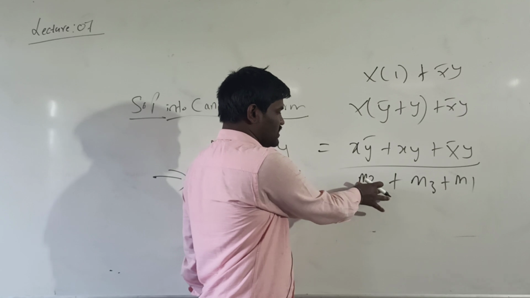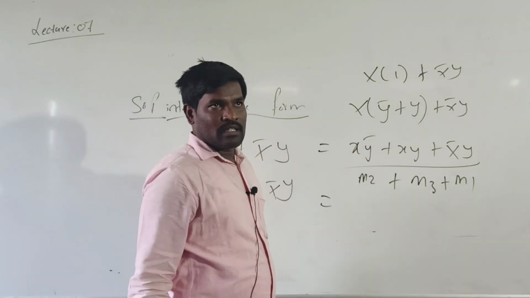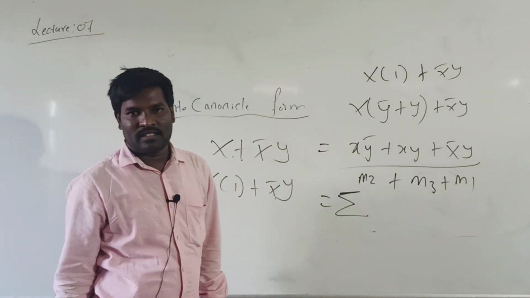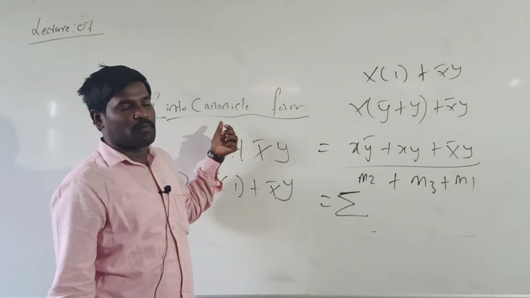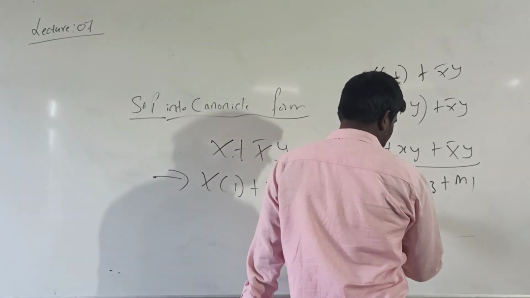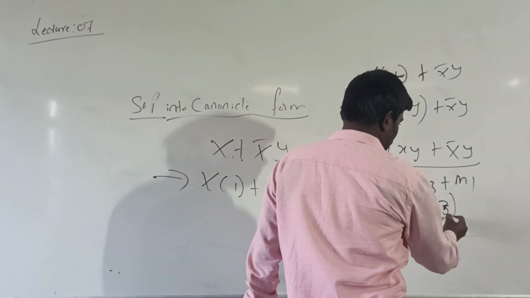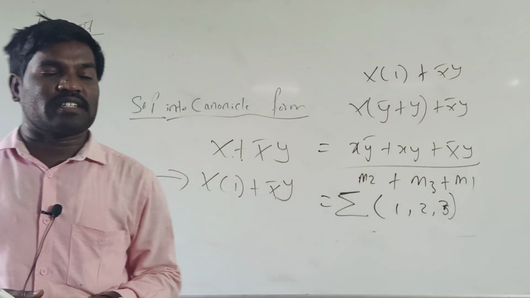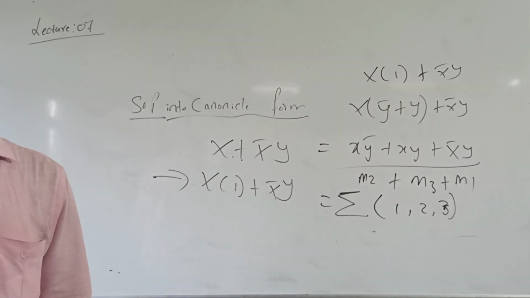This is equivalent, and it can be represented using the summation. If it is a sum of product, it can be represented as summation in the bracket of 1, 2, 3. Here 1, 2, 3 indicates the positions of the particular min term values.